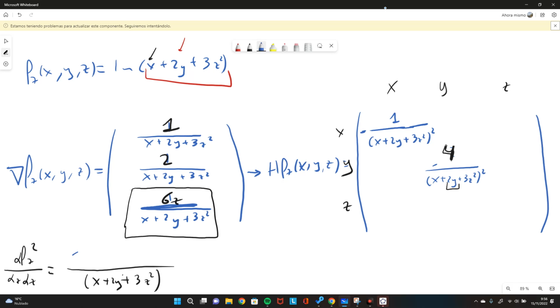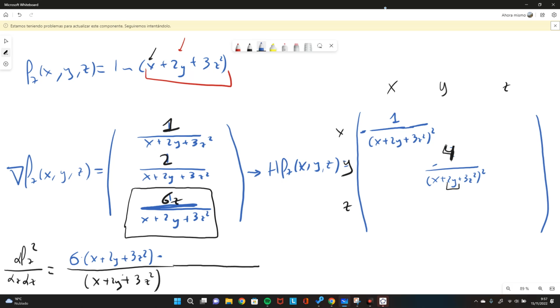So the derivative of the first one, which is 6, with respect to z, times the second one without applying the derivative, x plus 2y plus 3z to the power of 2, and now minus the other part. Which one is the other part?